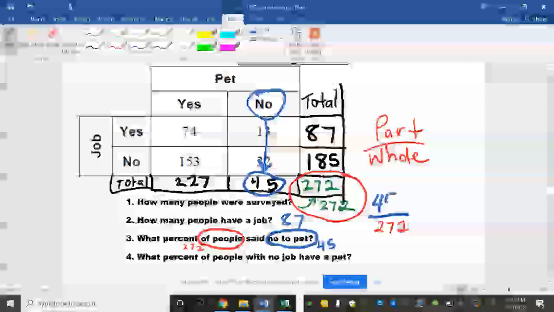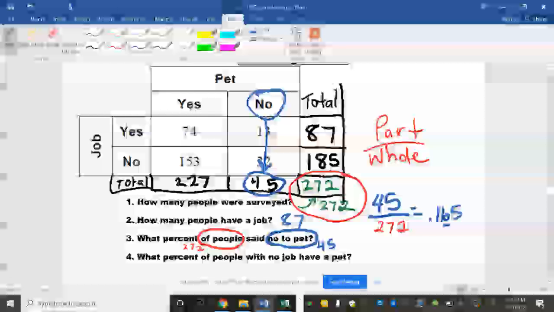So 45 people out of everybody said no to pet. So if we divide this, we just write it in the calculator. 45 divided by 272 equals 0.165, and it goes longer.